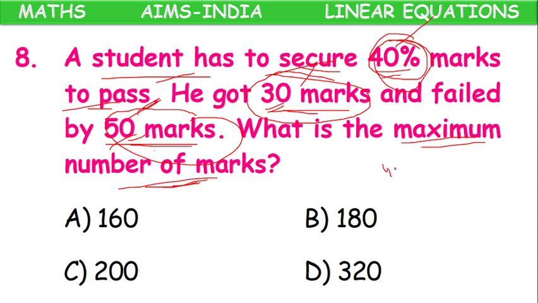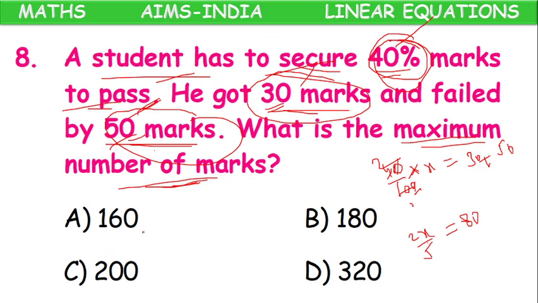So if we take total marks as x, then 40% of x is equal to 30 plus 50. 40 by 100 means 0, 0 cancel, 4 by 10, 2 times, 2 5 times. We can write it as 2x by 5 equals 30 plus 50, 80.